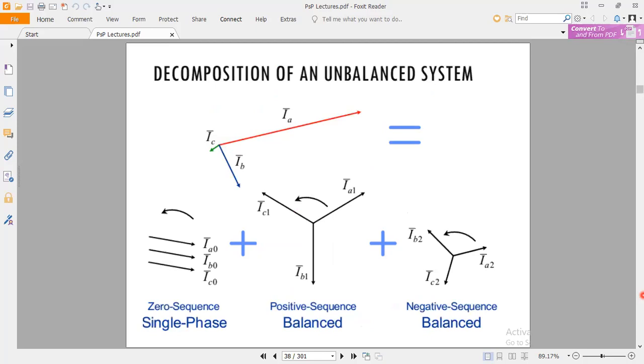Further, the decomposition of an unbalanced system. I already told you about the sequencing parameters. You need to be very careful to understand this. Zero sequence single phase means that the phase differences between the phases are zero.